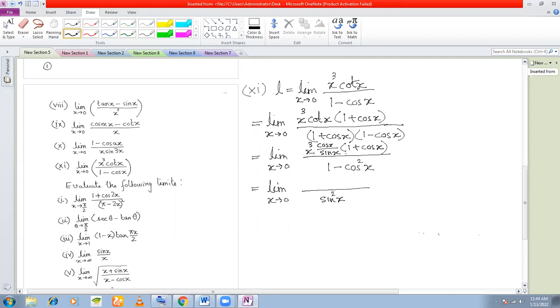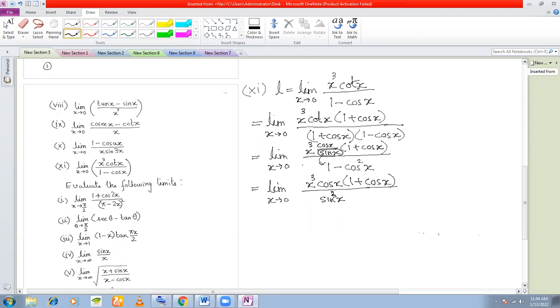and if you take cos x to the denominator, it is actually going to become sin cube x, right? Because we have a sin x here. This sin x you take to the denominator, this will become sin cube x. So in the numerator, you will be left with x cube cos x into 1 plus cos x. Okay.